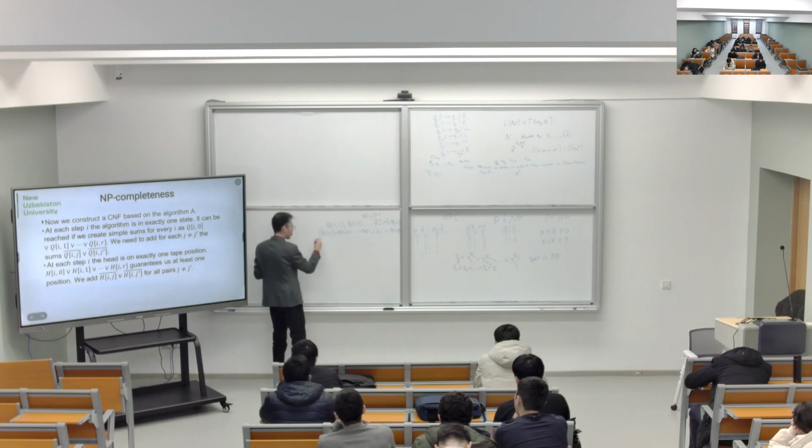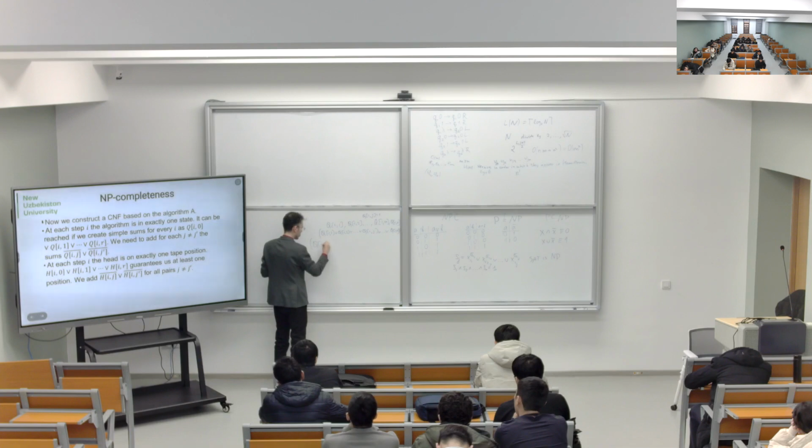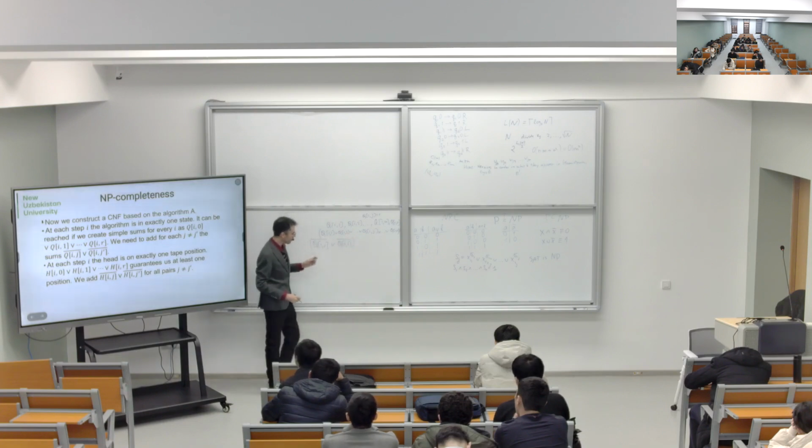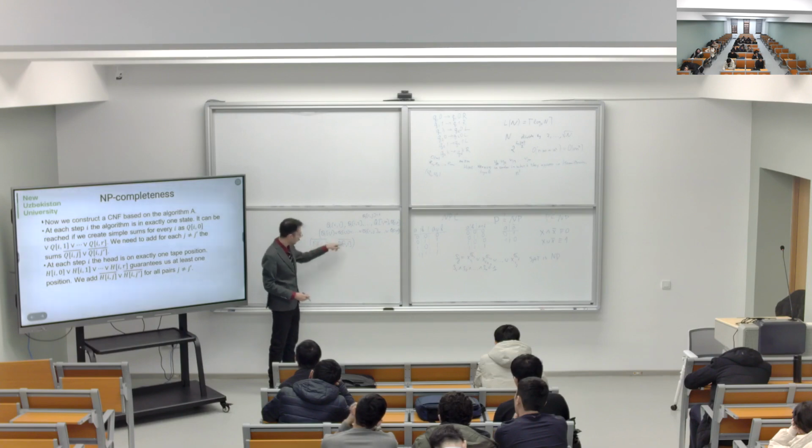Next, I will multiply it by NOT Q_ij or NOT Q_i1, to make sure that only one of them is equal to 1. So this is satisfied. This must be equal to 1. So one of them is 1. If two of them are 1, they both will turn into 0, and it will not be satisfied.